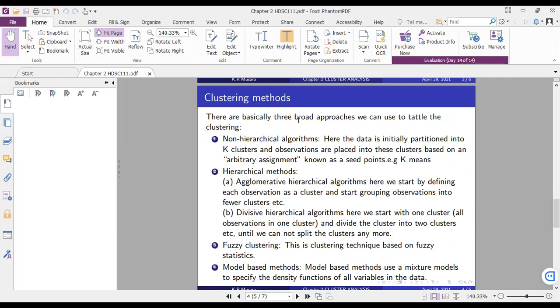In non-hierarchical clustering, the data is initially partitioned into K clusters. Observations are placed into these clusters based on arbitrary assignment, known as the seed points. So you've got what is called K-means under the non-hierarchical algorithm that we're going to look at.